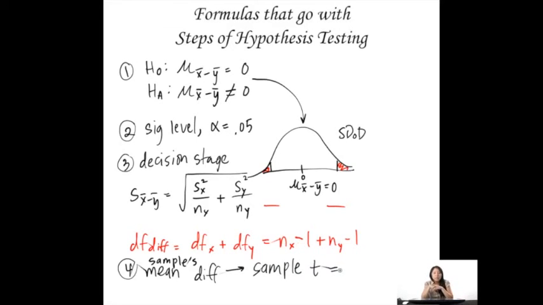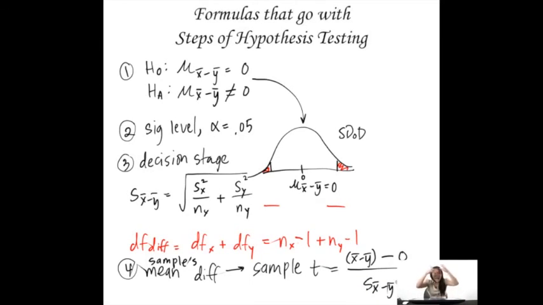Well, the sample t is really the distance between where our sample difference is versus this hypothesized difference, right? But we don't want it just in terms of that raw distance. We want it in terms of the standard error, right? So it's really going to be whatever our x bar minus y bar is. This is our actual sample difference minus 0, right? Because that's our hypothesized population divided by this standard error, s sub x bar minus y bar, right?